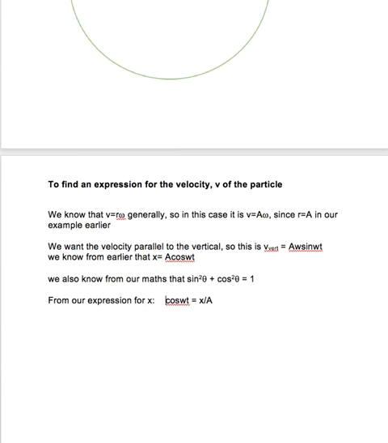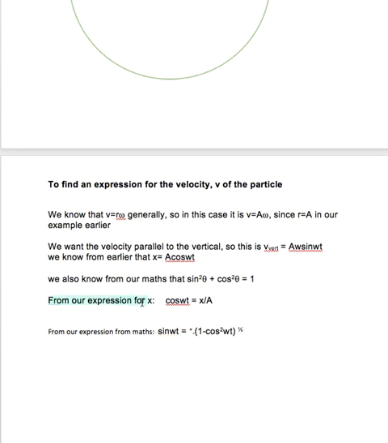So from our expression from our maths, we have sine omega t would be plus or minus the square root of 1 minus cos squared omega t. So sine squared is 1 minus cos squared. Sine then is the square root of that, and being a square root, it can be positive or negative.